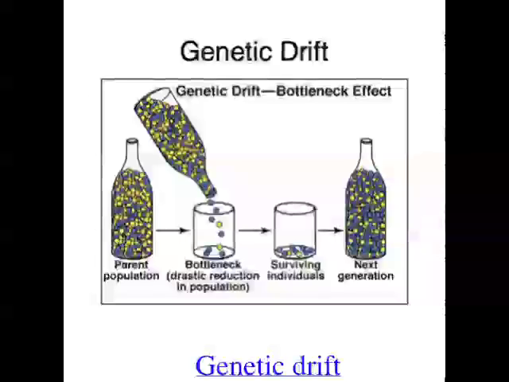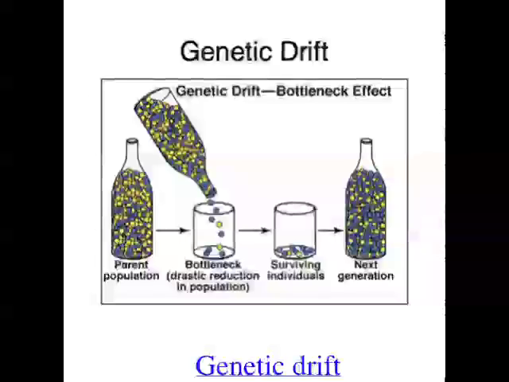One is called the bottleneck effect. This basically happens when you have a large population with a particular set of allele frequencies, but then that population is drastically reduced to only a few surviving individuals. So, a disease wipes lots of organisms out, or there's a natural disaster or something like that, and only a few individuals survive. But it's possible that whichever individuals survive may have an unrepresentative sample of the original population.